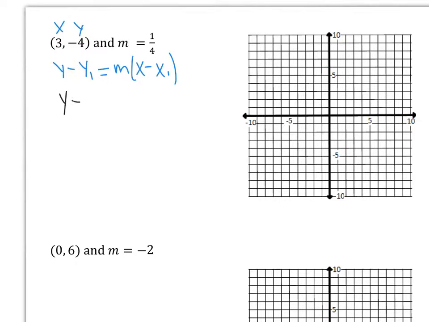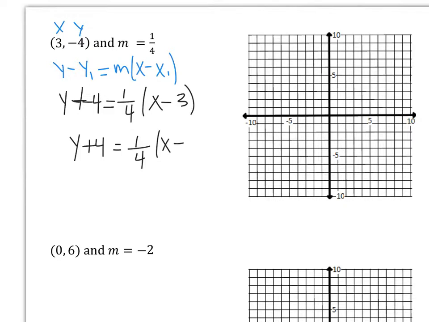So y minus negative 4, and those two negatives will turn to a plus, equals m, which is 1/4 times x minus 3. So my point-slope form will be y plus 4 equals 1/4 times the quantity, x minus 3.